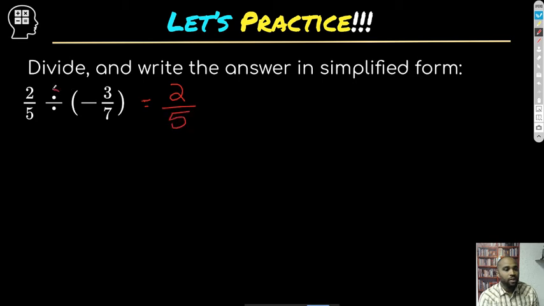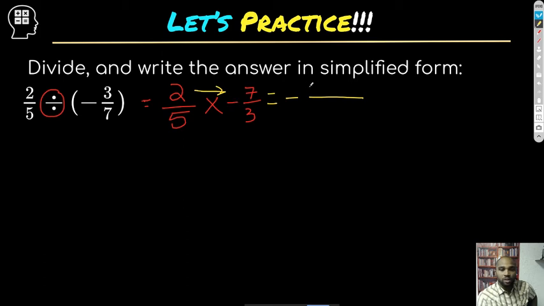And instead of division, I need to change it to a multiplication. Now we have -3/7. To divide, I need to make sure the last one, we take the reciprocal. So this is now going to be -7/3. At this point, we need to remember our multiplication rules, which tell us to multiply straight across. I know this is going to be a negative fraction, so I'm going to get that part out of the way before I forget, because I see this negative.